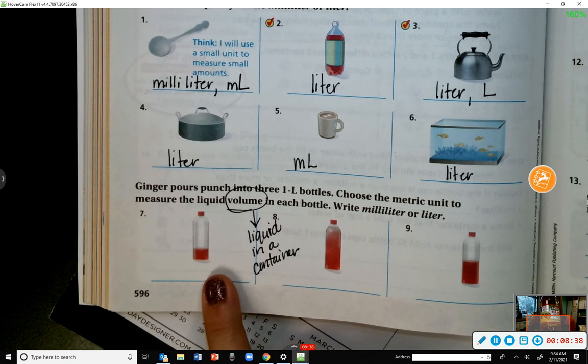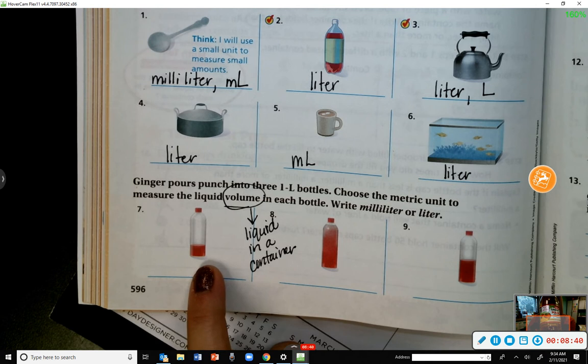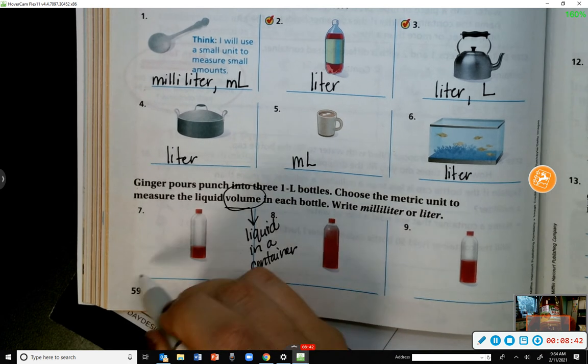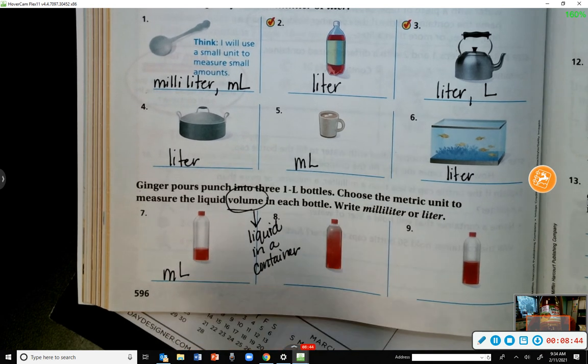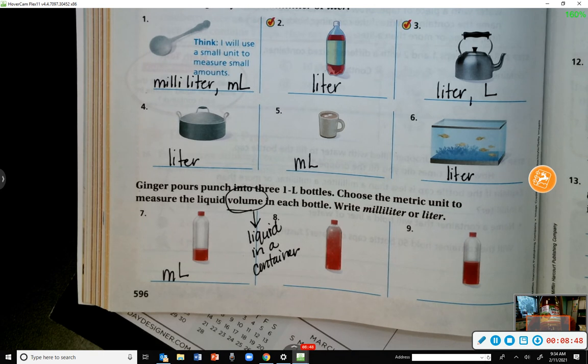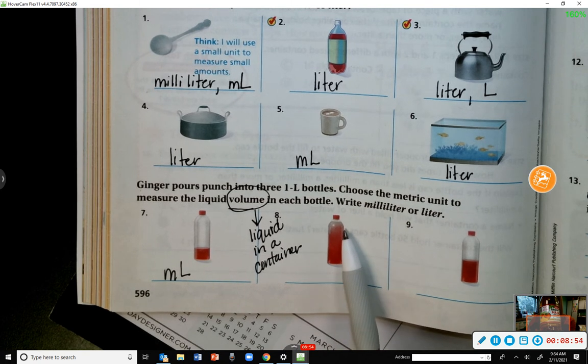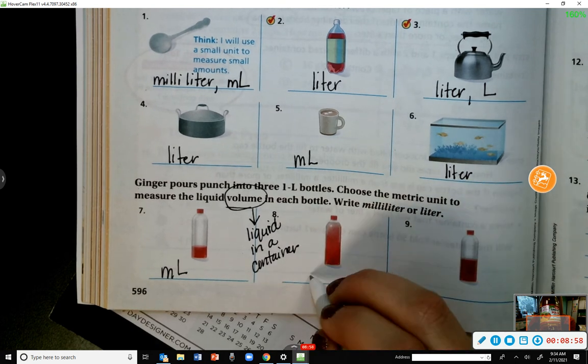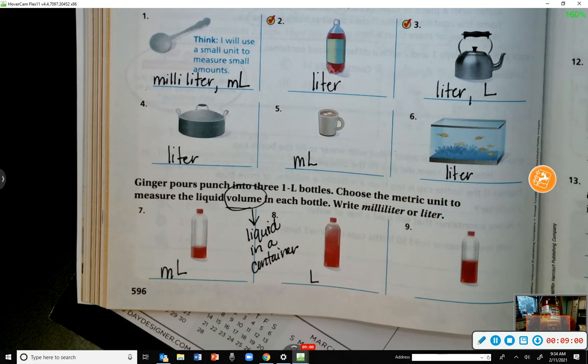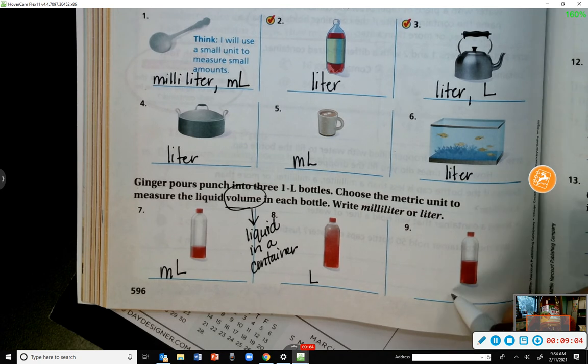Milliliters or liters for this amount? Milliliters. Okay, this one? If it's all the way full, that's probably getting close to what? A liter. The last one? Milliliter.